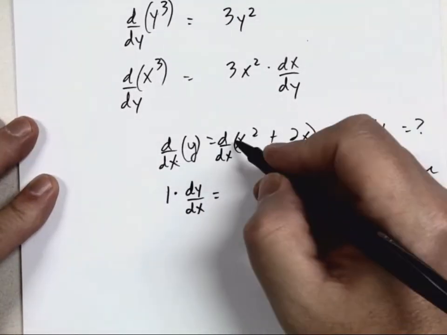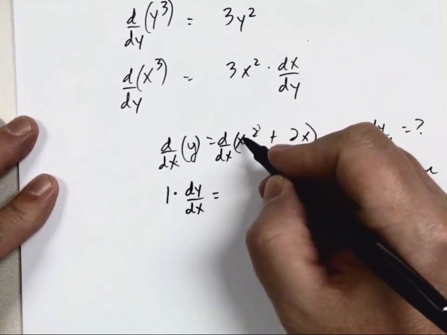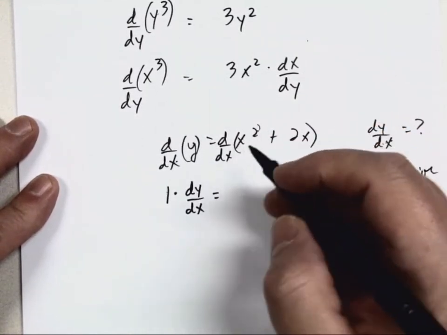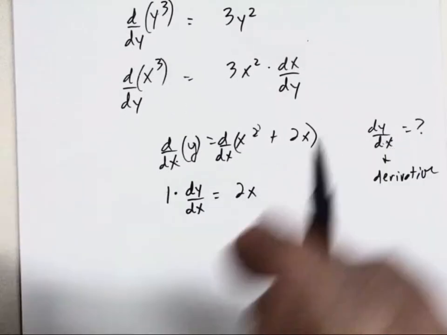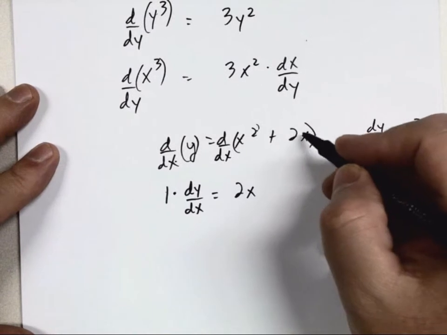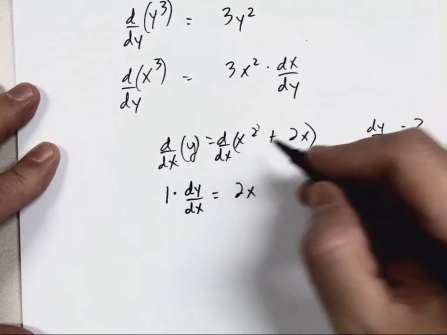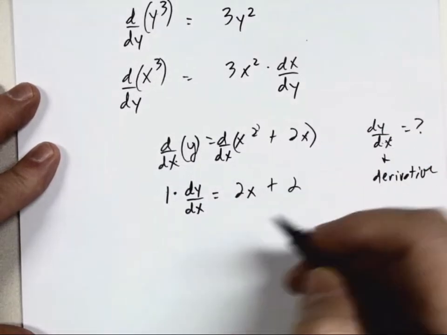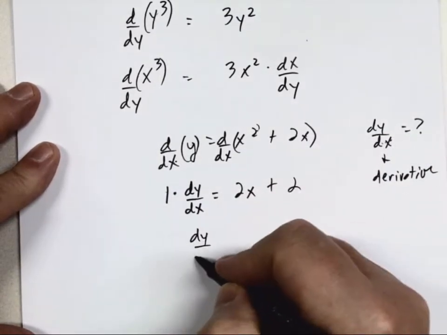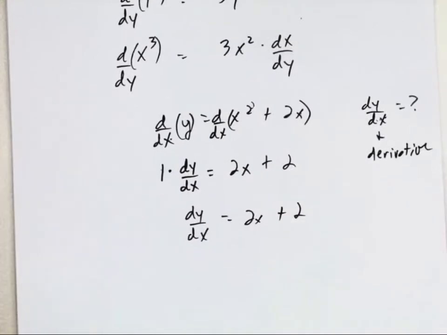Now the right-hand side. If I take the derivative of x squared, notice x squared, x, and x are the same. So I can just apply the normal derivative rule and get 2x. And then derivative of 2x, once again, the variable here and the variable in the bottom is the same. And that's why you end up with this result, which you knew how to do from the beginning.